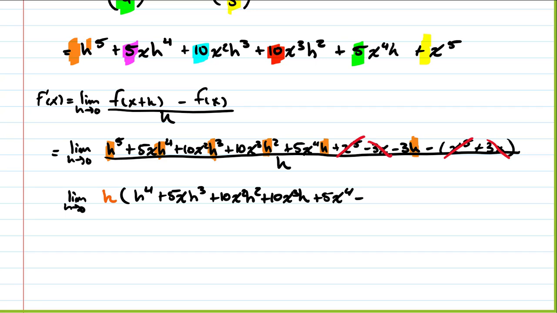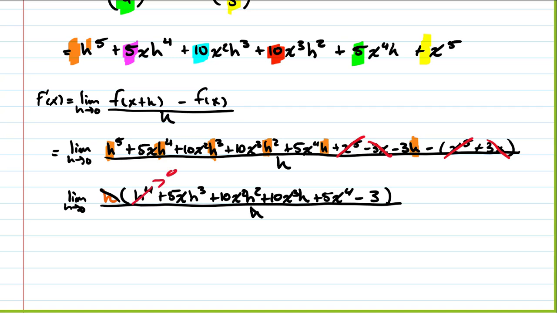I'm like, there should be one more thing, minus 3 all over h. And our h's reduce out, so we finally take the limit as h goes to 0.